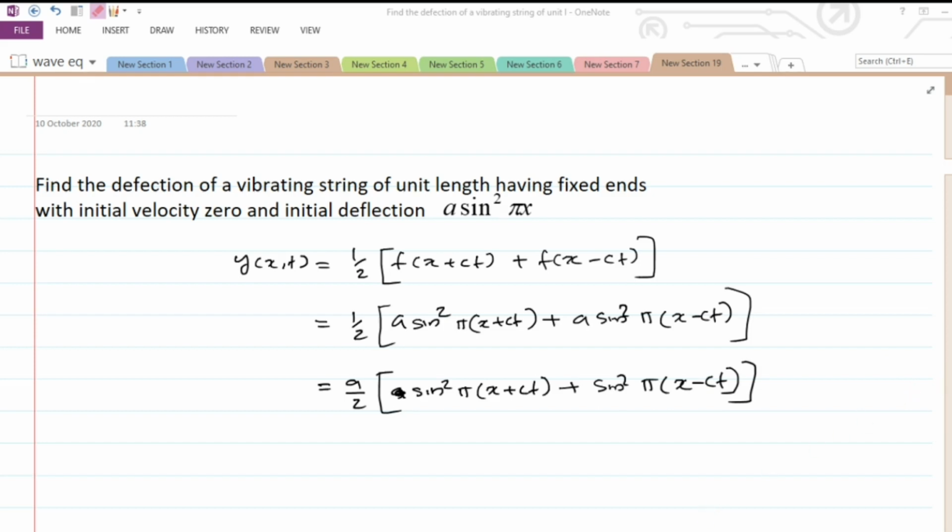Now for sine square theta we substitute: sine square theta is equal to 1 minus cos 2 theta divided by 2.